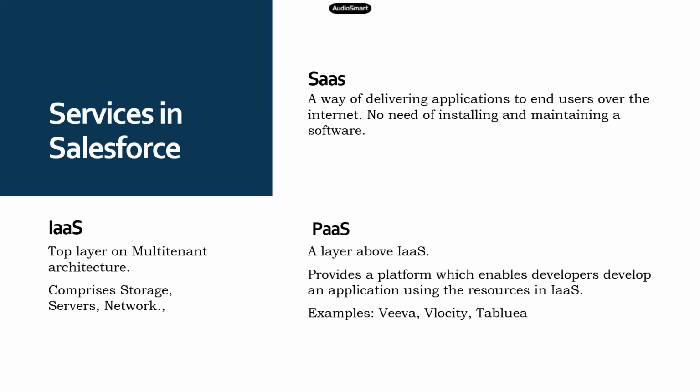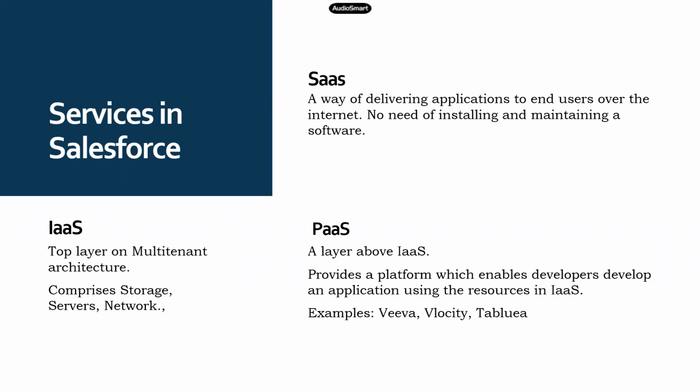Not just in Salesforce, in any cloud we have different kinds of services. The first layer is infrastructure as a service, where they provide all the infrastructure required to build a cloud platform.